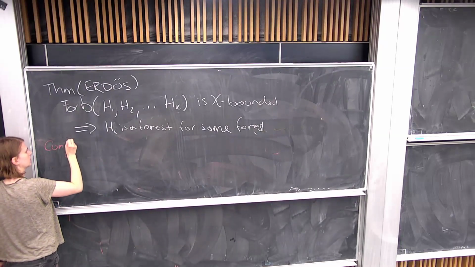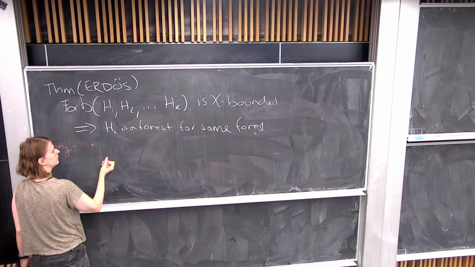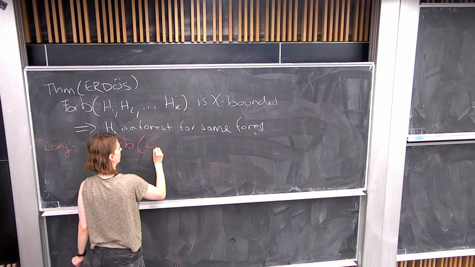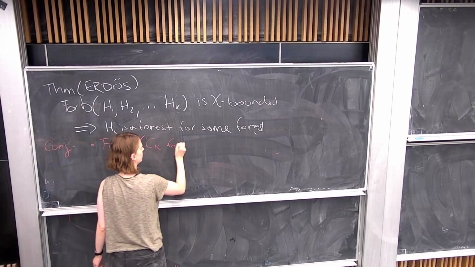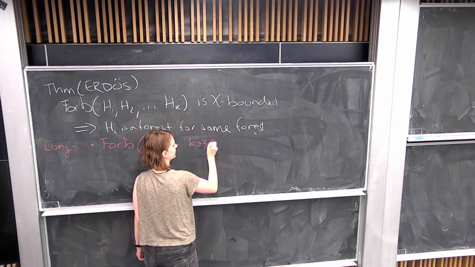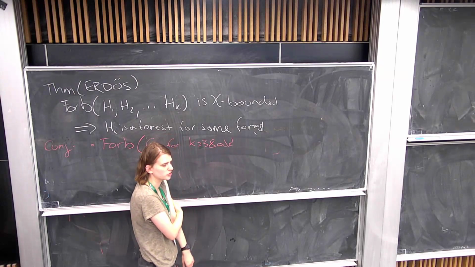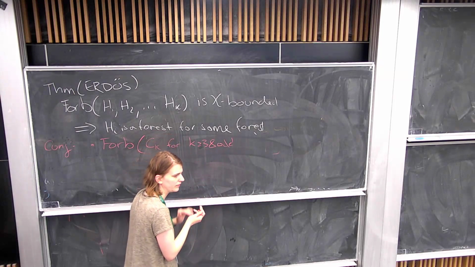So forbidding C_k for k odd, we want to specify at least 3, because otherwise we're forbidding triangles, which is kind of an easier case.